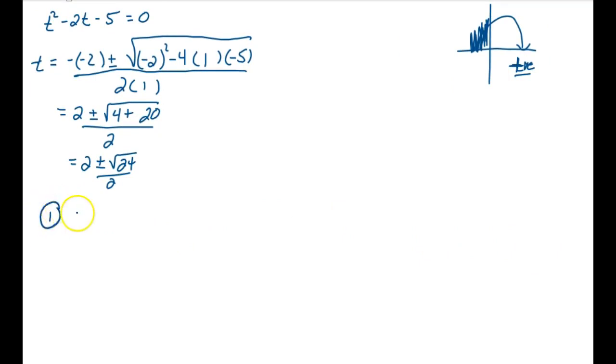So first answer, 2 plus square root 24. Square root 24 is 4.9. Second answer, 2 minus 4.9. And I should say t equals over here.